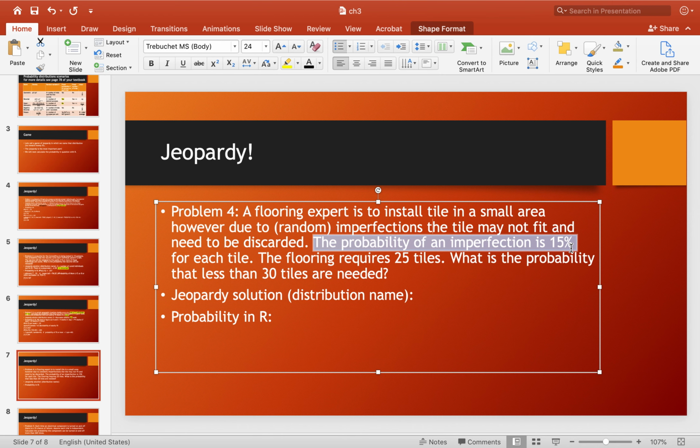Okay, and that might not be due to production. It could have been due to packaging or shipping. It just gets damaged in some way. So just imagine that scenario. But in addition, more commonly, when you cut the interlocking flooring, you can cut it incorrectly, and so you'll need to use another piece.